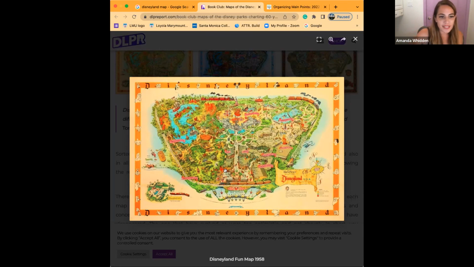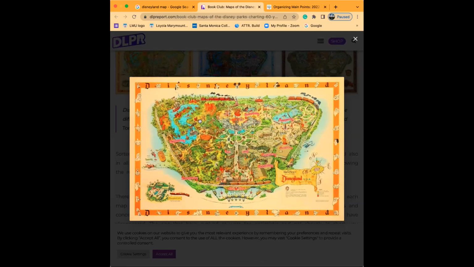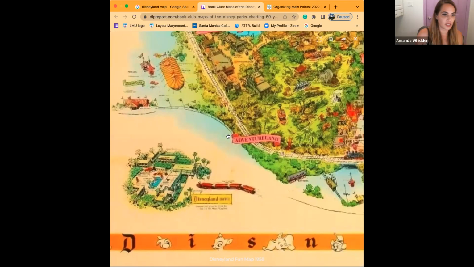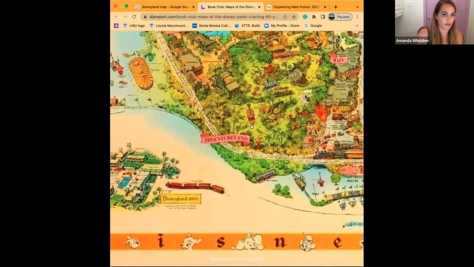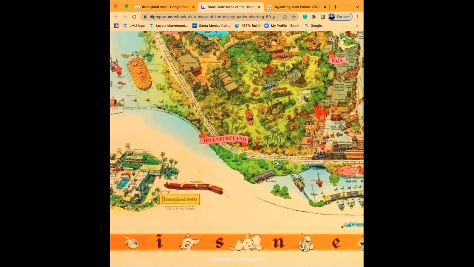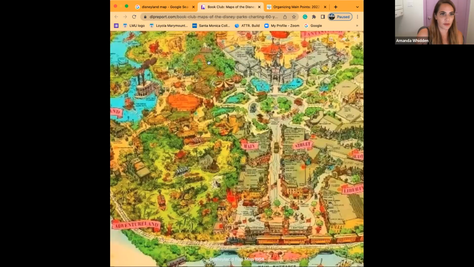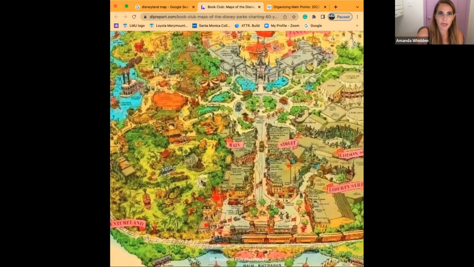So with Disneyland, we know that Disneyland is organized by what, Diego? Different types of locations. Yeah, these locations, like this one right here on the screen is called Adventureland. Right. And then we have Frontierland and all those different types of things.